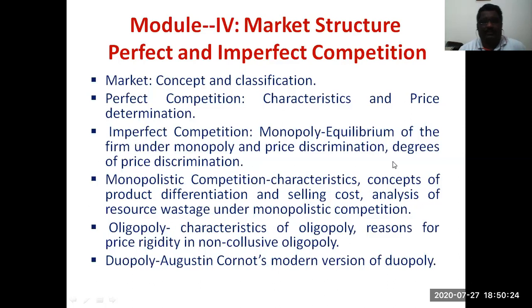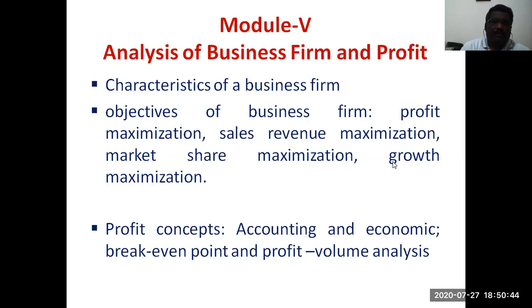In module 4, market structures, mainly perfect and imperfect competition. In imperfect competition, monopoly, monopolistic competition, oligopoly, and duopoly markets are included in the syllabus. In module 5, analysis of business firm and profits are included.